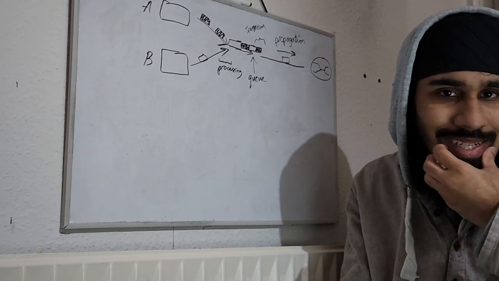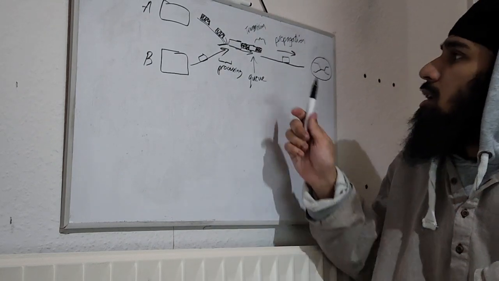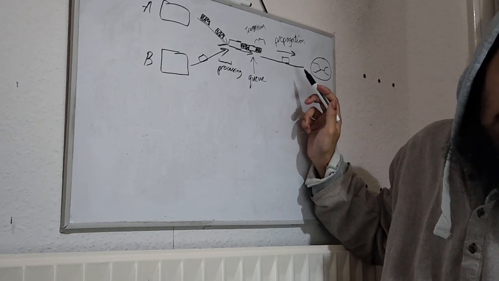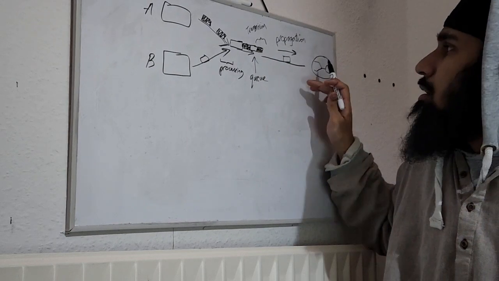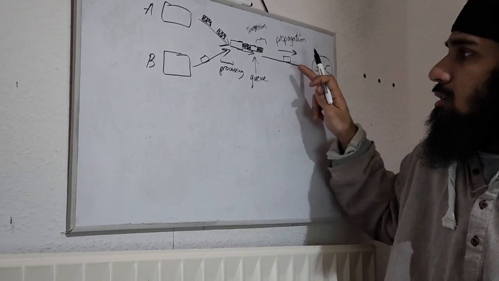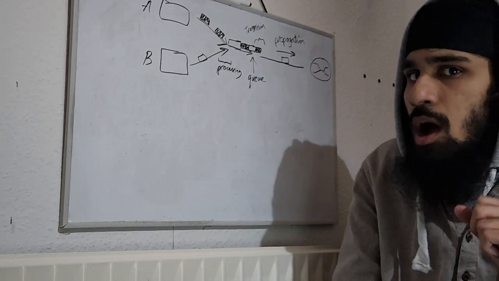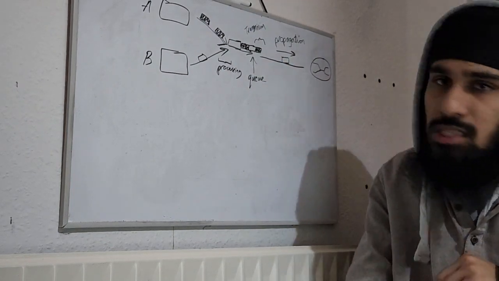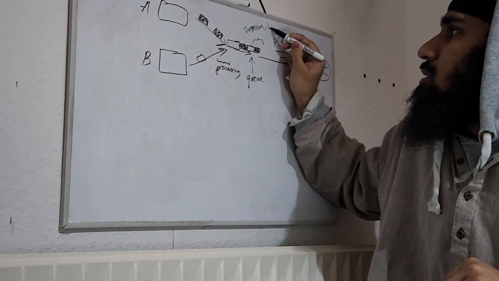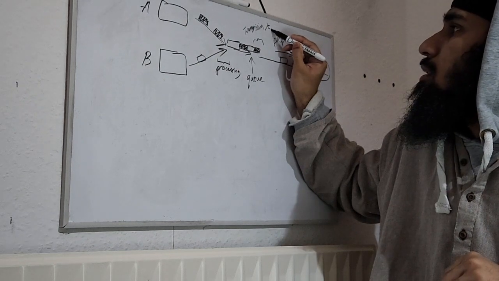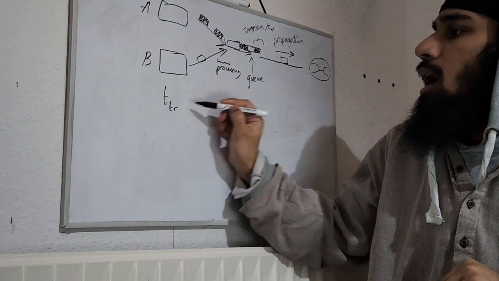For the transmission delay, this is a network medium, maybe an Ethernet. You need to first put the packets onto the Ethernet, and that will take some transmission delay. Let's call the transmission delay TTR. That has a formula.